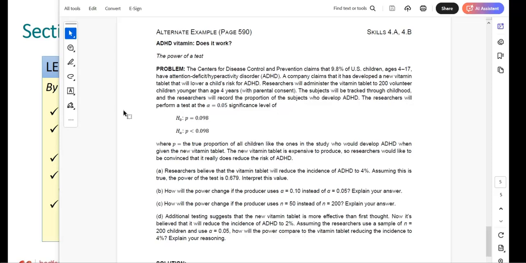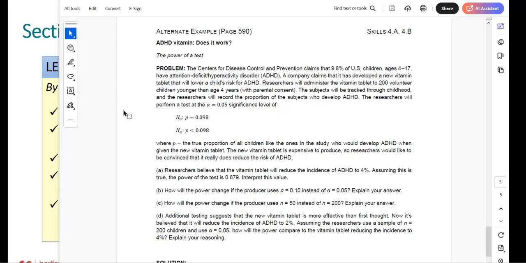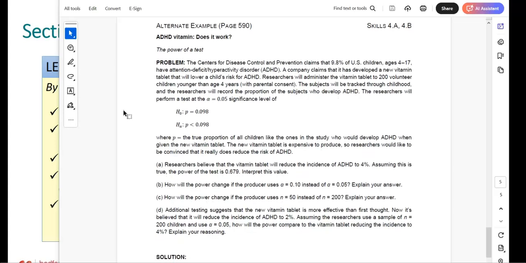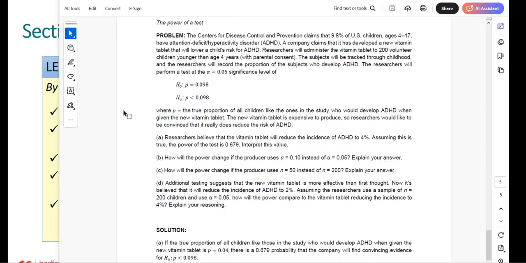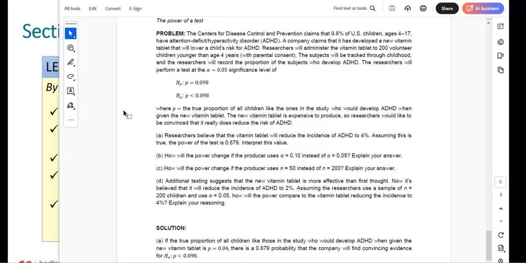So what that would mean is, if the true proportion of children in the study who are going to develop ADHD is 4%, there's a 67.9% probability that the company will find convincing evidence for the alternate, which is that it's less than 0.098. So that's the official solution right there.